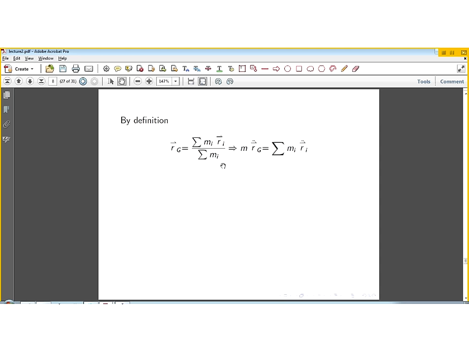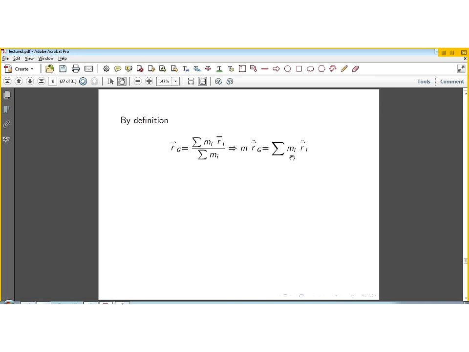But this really is just after multiplying this whole equation by the mass, and then taking the first and then taking the second derivative, I see that the summation of the product of the masses of the individual particles with their respective acceleration vectors is really the same as the total mass of the system multiplied with the acceleration vector of the center of mass.